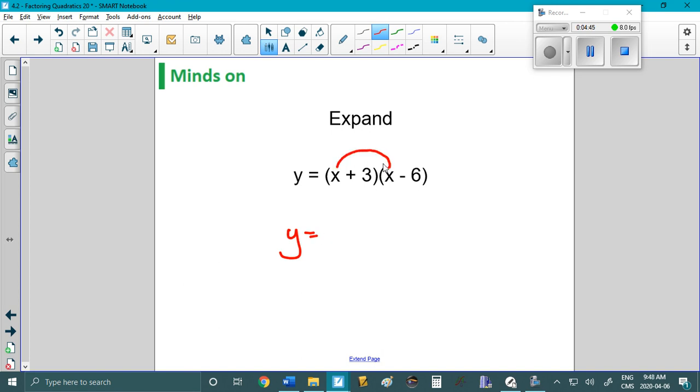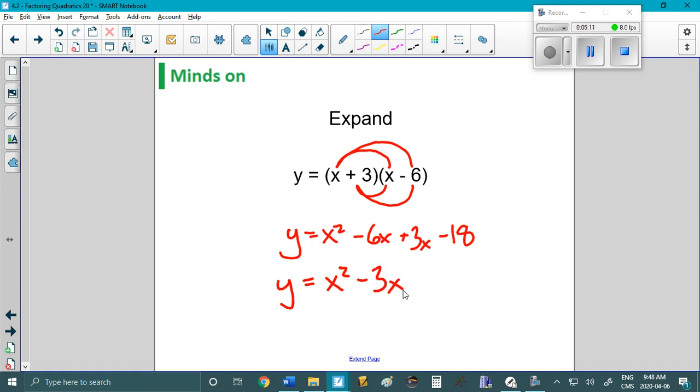So first, outside, inside, and the last, so minus 18. Now I'm going to collect my like terms, and usually the middle two go together. Negative 6x plus 3x is minus 3x, minus 18.